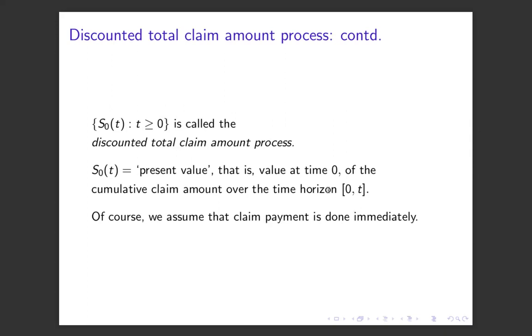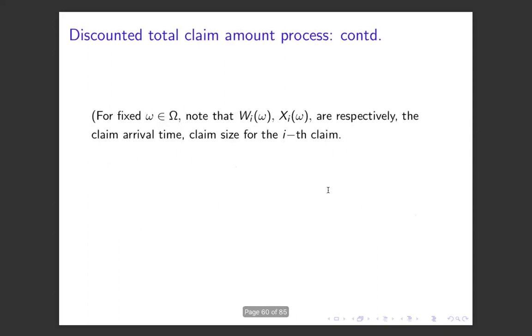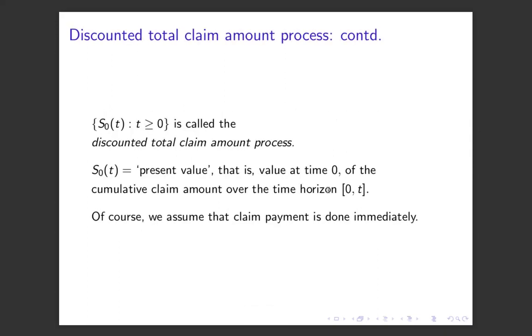Of course, as I had mentioned earlier, the claim payment is settled instantaneously. There is no delay. If there is a delay, then of course that would involve a different aspect of modeling, which will mean slightly more complications. Yes, note it, please.